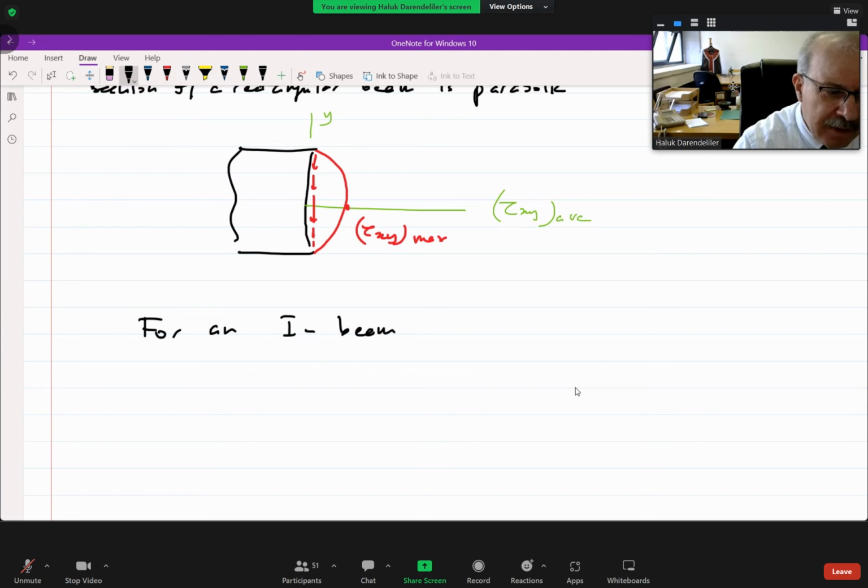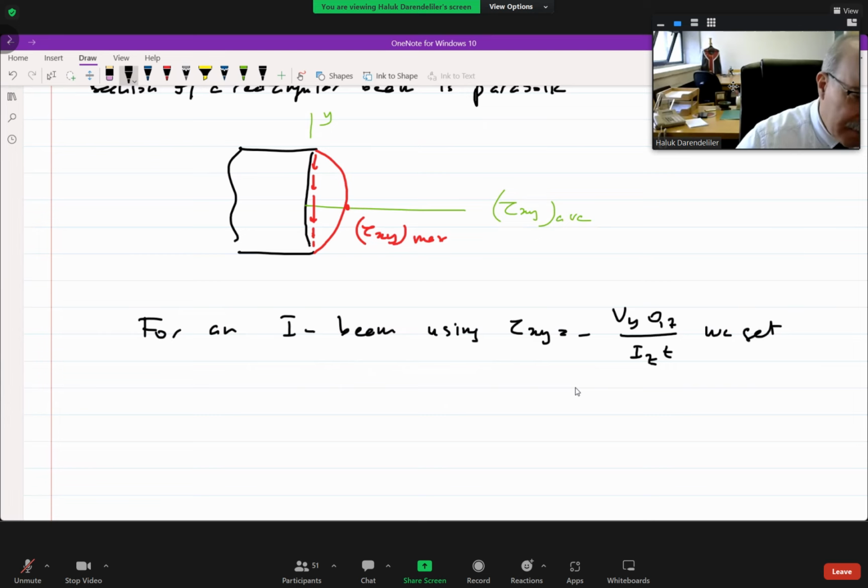So for an I-beam, using tau xy equals minus Vy Qz over Iz t. Now look, I am using subscripts and signs different from the book to make you understand the use of these equations well. Okay.